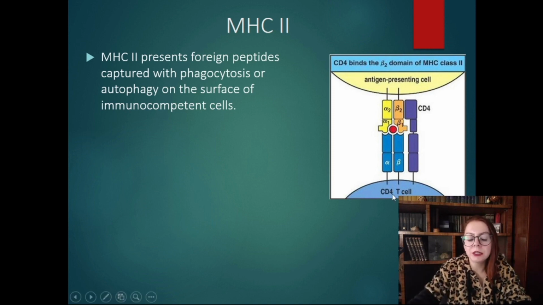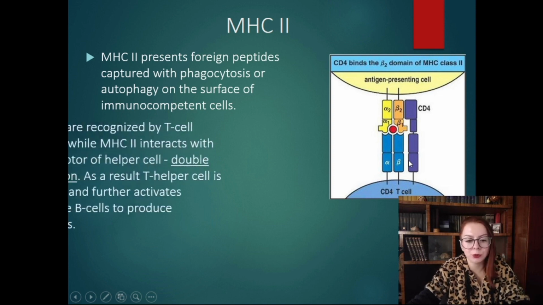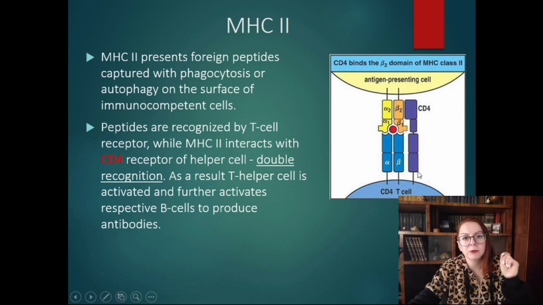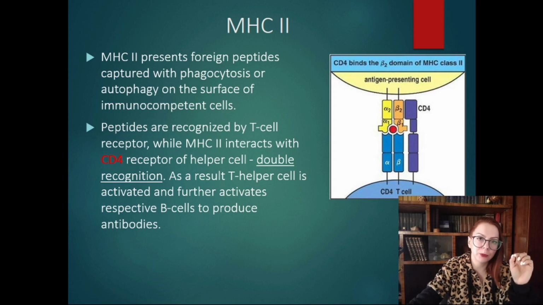As you can see, in this case almost the same interaction is shown. Peptides are recognized by the T cell receptor, here this foreign peptide and T cell receptor, while MHC type 2 is recognized by the CD4 receptor. Again, double recognition takes place.